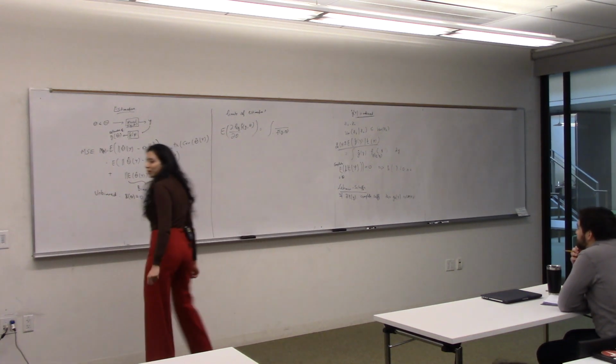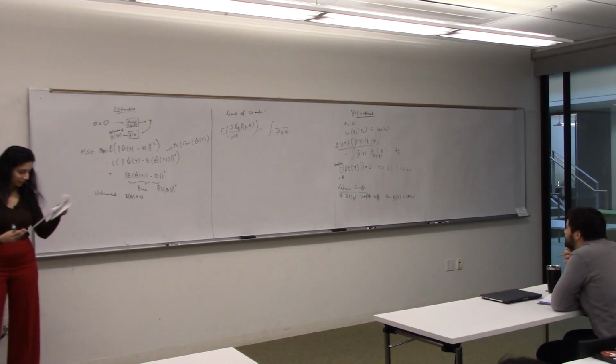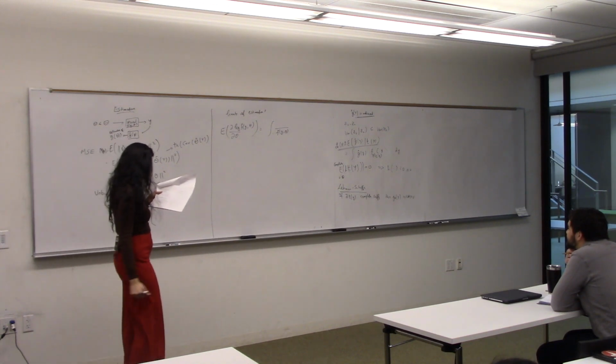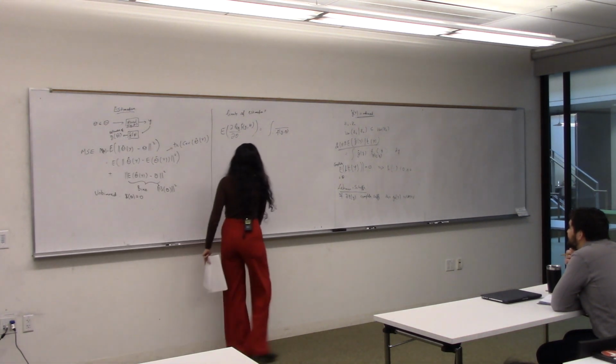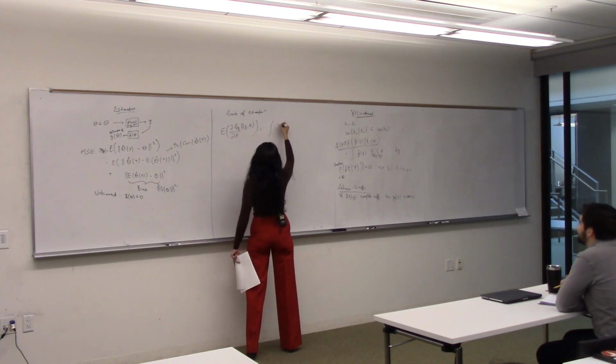So wait, did I miss something? It should not be 1. Give me a second here. Oh, sorry, no, I messed it up. So sometimes it's hard to do basic calculus.